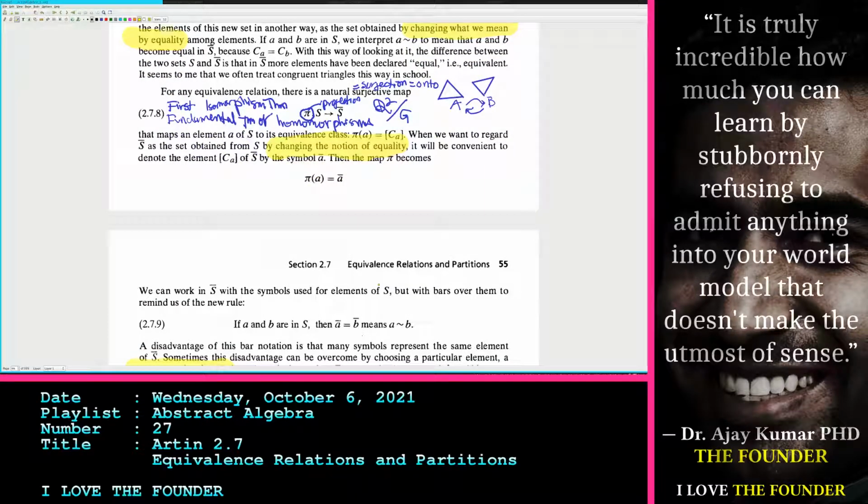Then the map pi becomes pi of A is equal to A bar. Okay, let me give you a concrete example, from the even to odd thing.